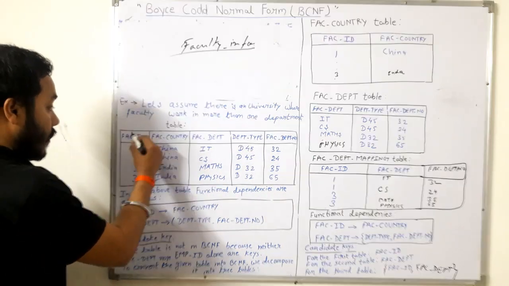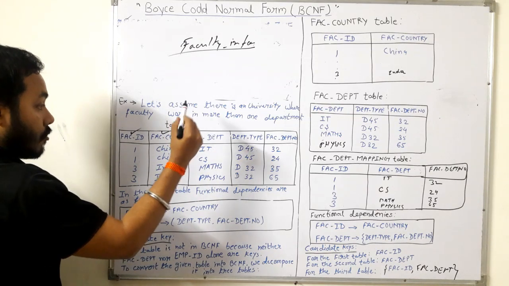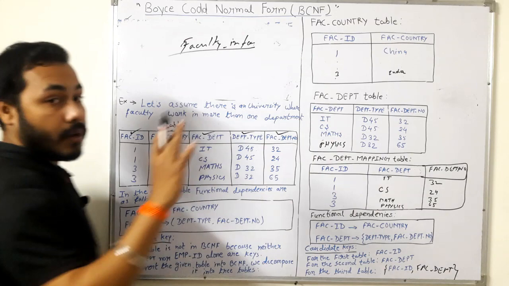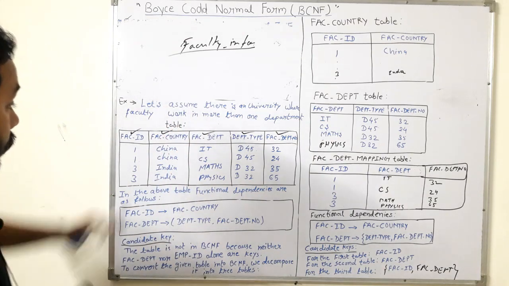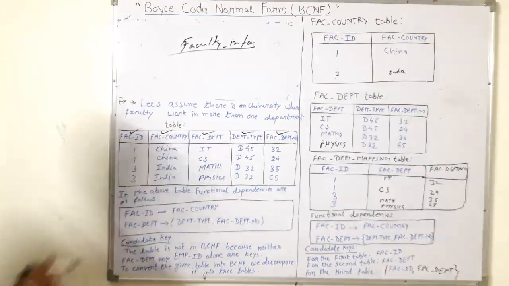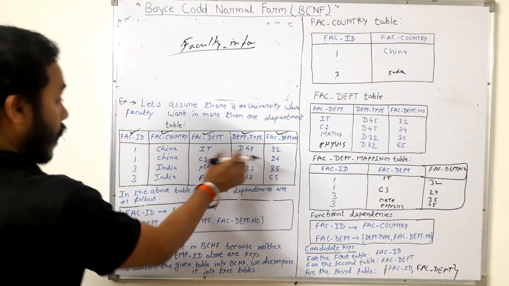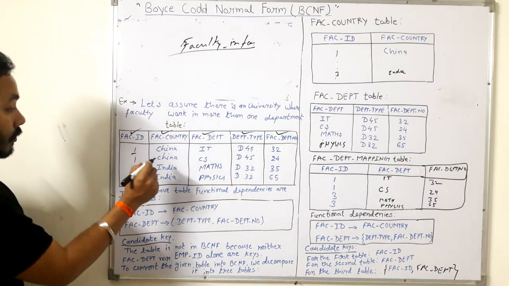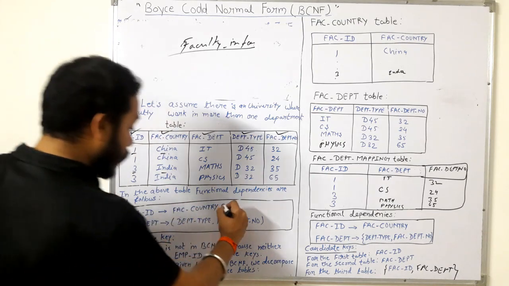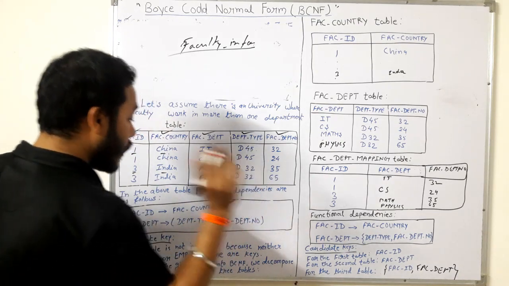Here the attributes are faculty ID, faculty country, faculty department, department type, faculty department number. Now if you look at this table clearly, you will find that faculty ID implies country, meaning 1 belongs to China, 3 belongs to India. This dependency exists.